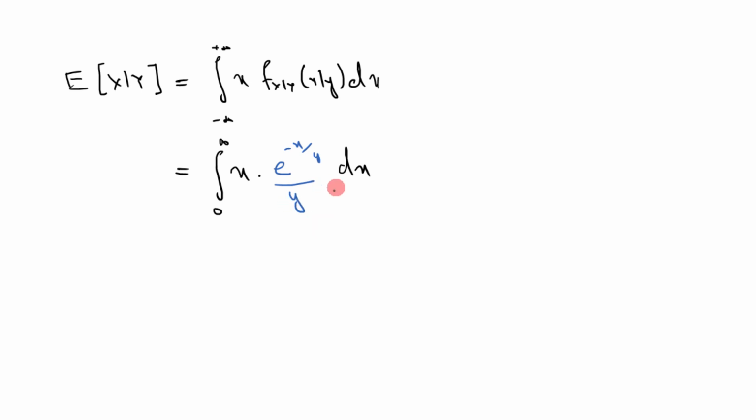So as we are integrating with respect to x, this 1 over y will be constant. So we can write it like 1 over y integral from 0 to infinity x into e raised to power minus x over y dx.